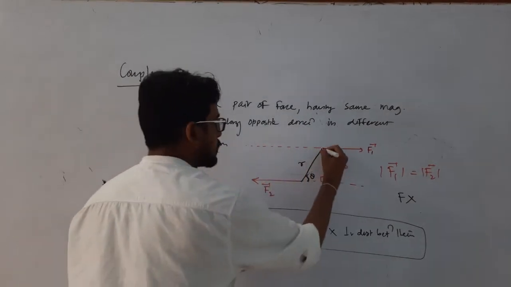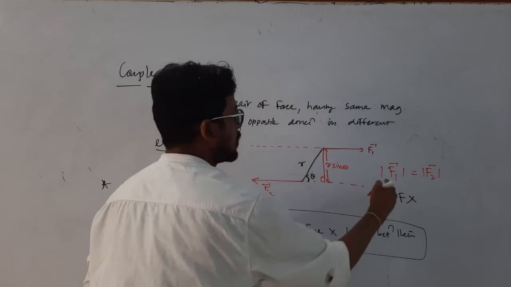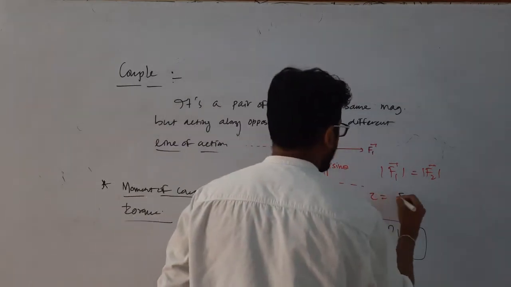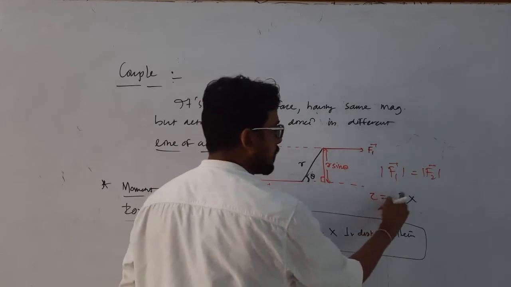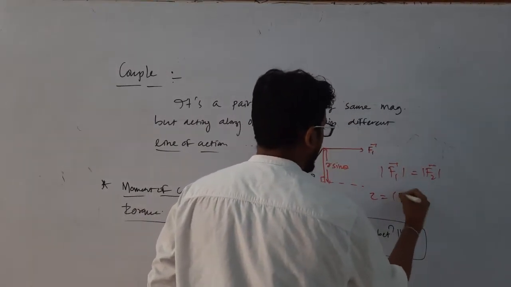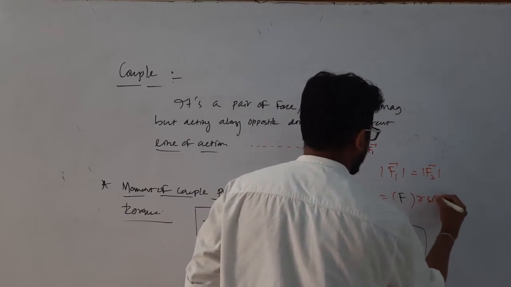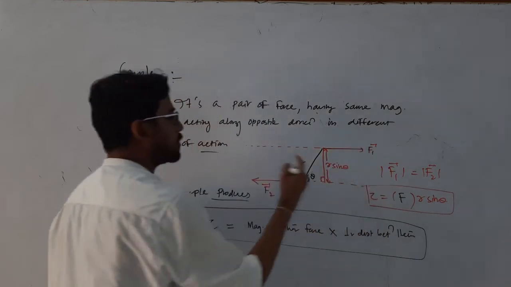Clear? So from this point to this point, the perpendicular distance between these two forces is r sin theta. So I can write tau is equal to the magnitude of either force, as both forces have the same magnitude, I am taking F into r perpendicular. What is r perpendicular? That is r sin theta. So this is defined as what? Torque due to this couple.